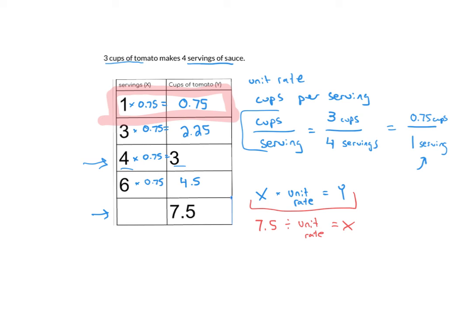So you can also say y divided by the unit rate will give us our x. So 7.5 divided by 0.75 is going to equal 10. So if we are serving 10 people, we're going to need 7.5 cups of tomatoes.